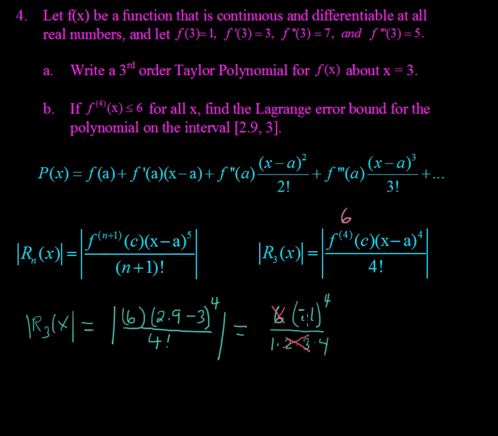And so now we have negative 0.1 to the fourth, which turns out to be 0.0001 over 4. And of course, then that simplifies. If we take a fourth of that, that's 0.000025. And that is indeed our Lagrange error bound. Let's circle that, and we are done.